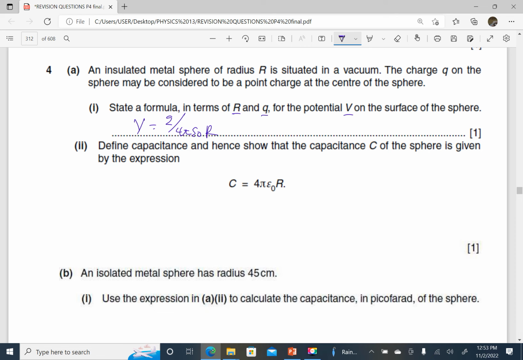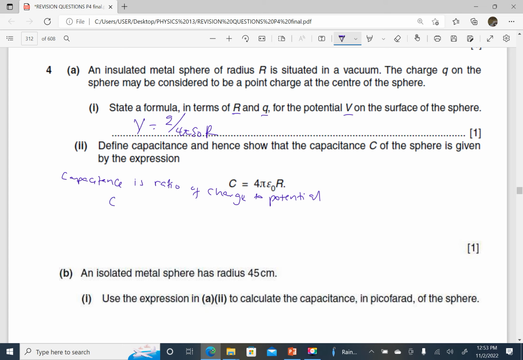Define capacitance. So we know that capacitance is the ratio of charge to potential difference, or to potential.